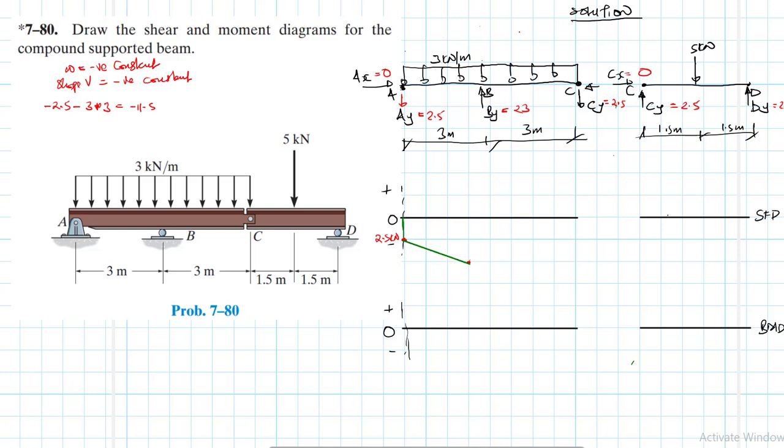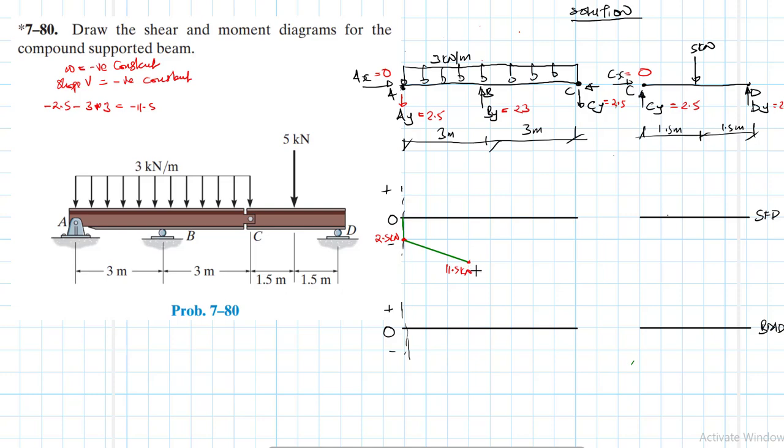Let's connect those lines. So for sure, this is negative. This is a negative slope. It's negative with a constant slope. So this value here is 11.5 kilonewtons.